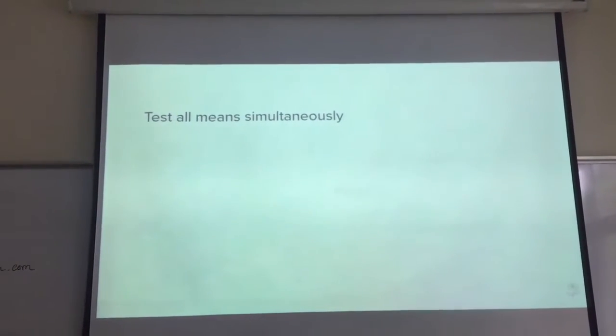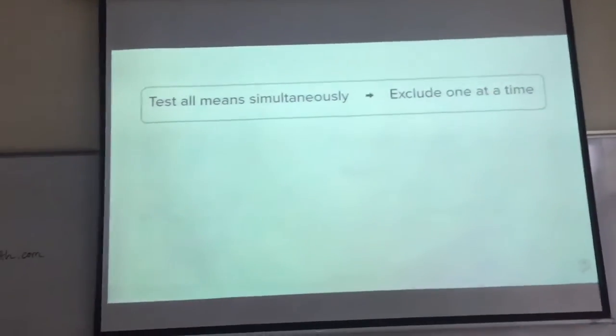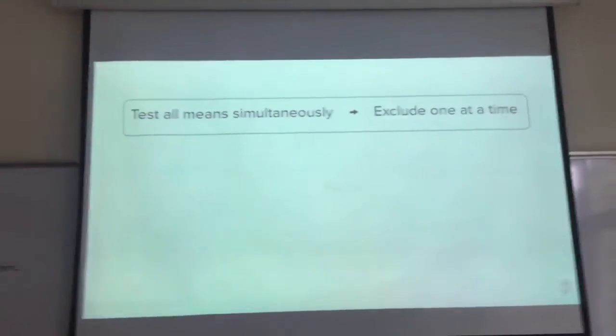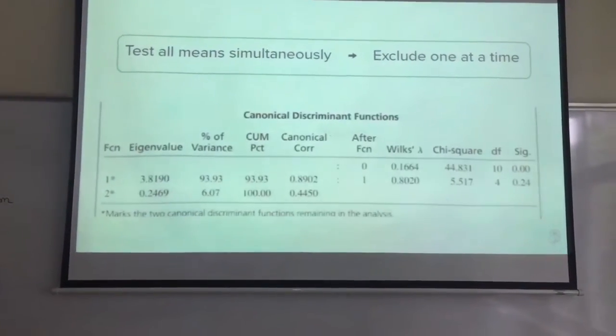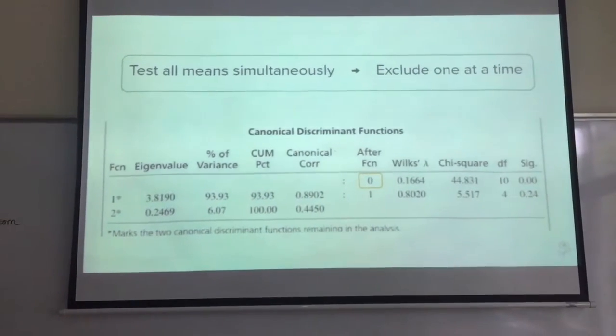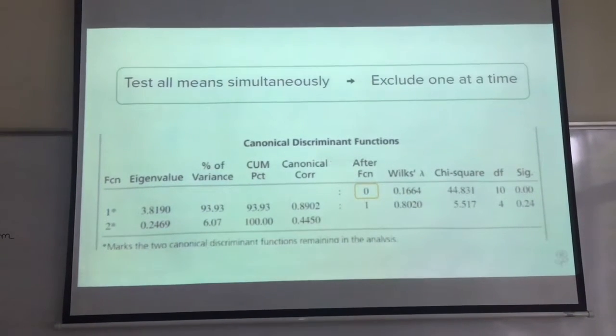So to test the null hypothesis of equal group centroids, both the functions must be considered simultaneously. It is possible to test the means of the function by first testing all the means simultaneously, and then one function is excluded at a time, and all the means of the remaining functions are tested at each step. And in this table, the 0 below the functions removed indicates that no functions have been removed.